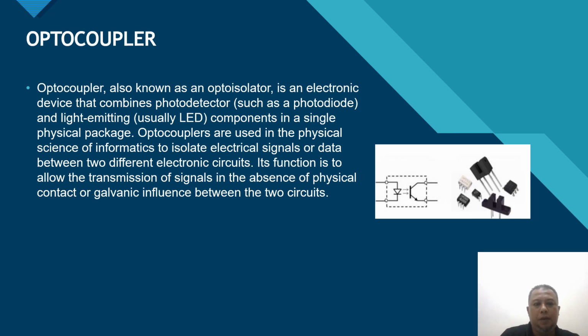Optocoupler. An optocoupler, also known as an optoisolator, is an electronic device that combines a photodetector, such as a photodiode, and a light-emitting component, usually an LED, in a single physical package.